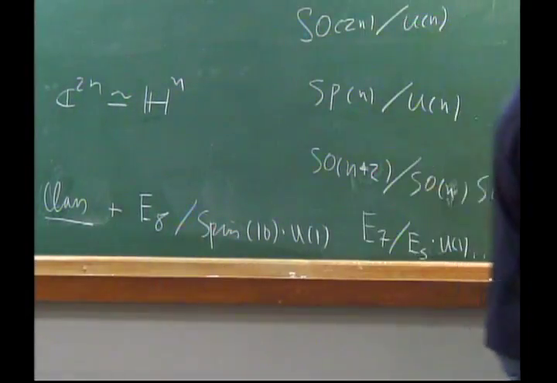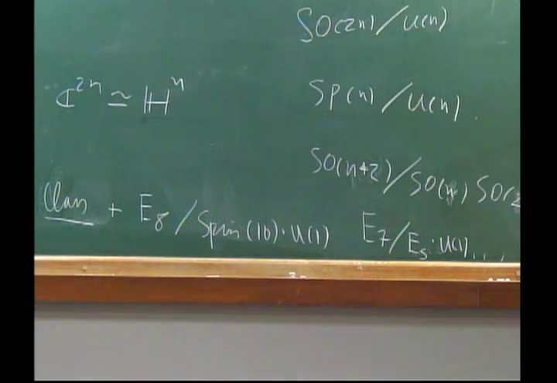Okay, so let's prove this. Actually, this is fun to prove. Why was SO(1) and SO(2) not semi-simple? Because SO(2) is a circle. It's abelian. It cannot have any center.